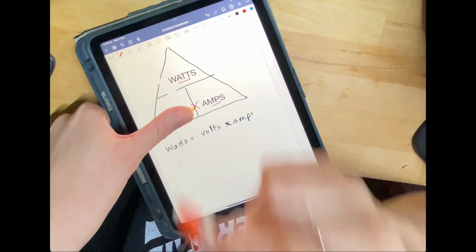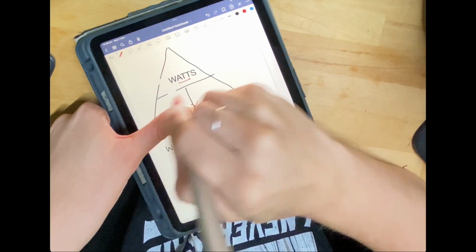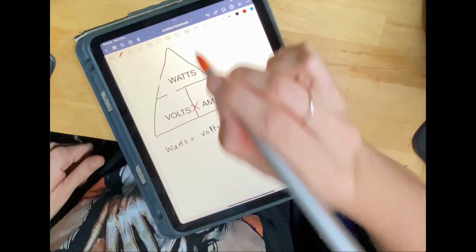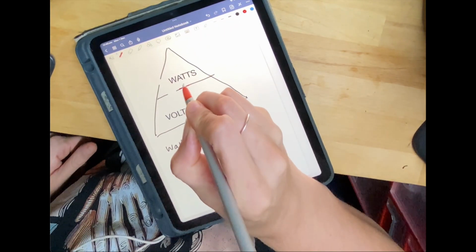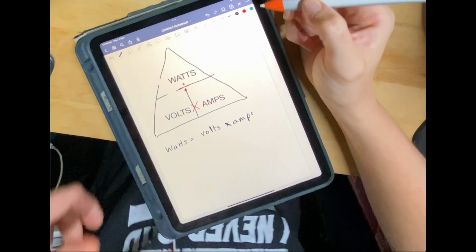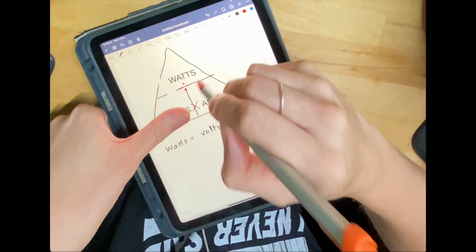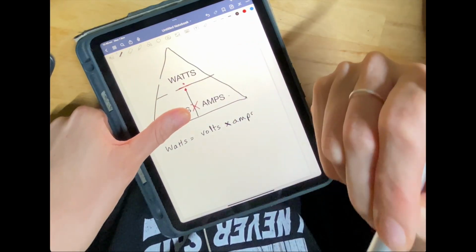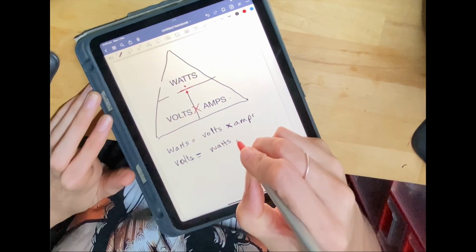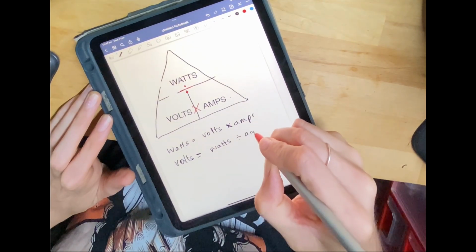But this is a different line up here. I want you to see that line as a division symbol. So that would mean that if we're trying to find volts, it's watts divided by amps. Let's write that down. Volts equals watts divided by amps.